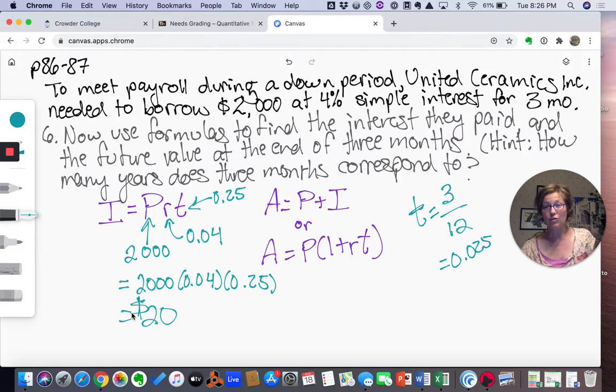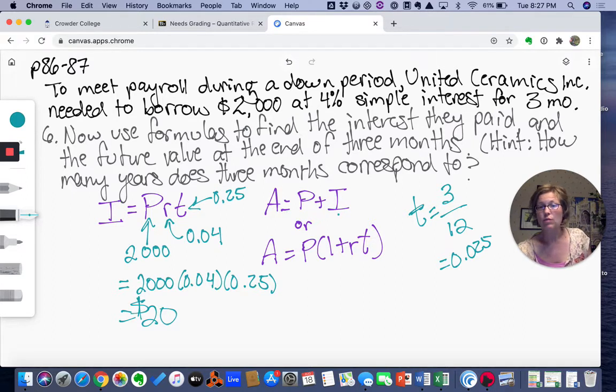So we do need this second set of equations. Now this A equals P plus I, we could use that one. We could take our principal. Do we know our principal? Plus the interest total. How much interest, I? If we know that, we could just plug that in.